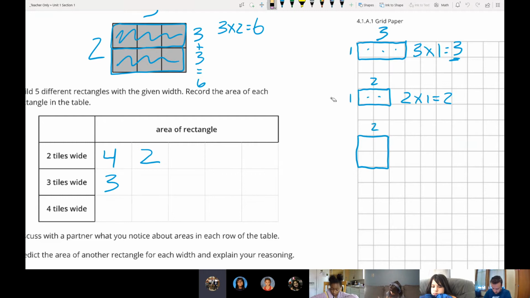Yeah. And this would go under the 2 tiles wide over here, right? Mm-hmm. So 2 by 2 equals 4. Right. There are 4 spots within there. So over here, I'm going to do 4 for the area I put in the first row, right over here. All right. Thank you so much, Camila.